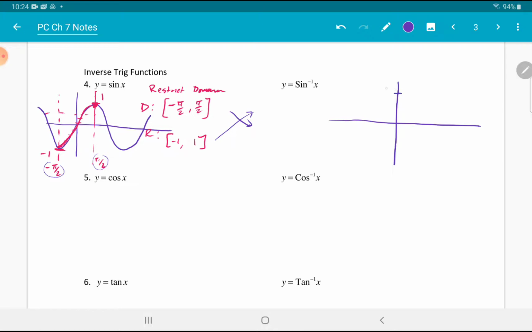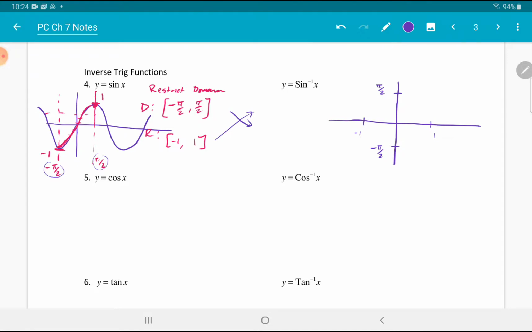So we're going to see that the y values are at pi over 2 and negative pi over 2. Likewise, whatever was the range, which used to start at 1 and go down to negative 1, is now going to be seen along the x-axis. We're now going to have a 1 and a negative 1, something like that.